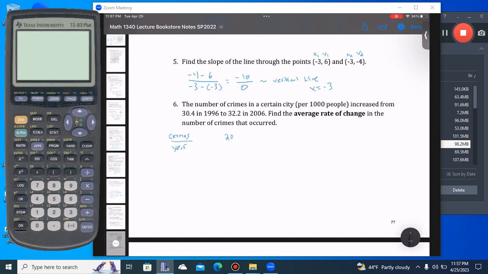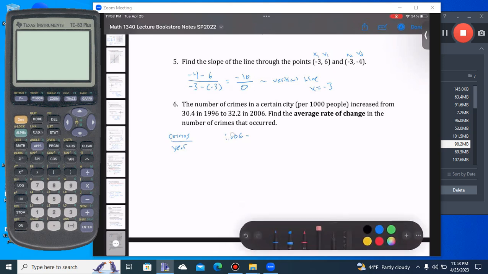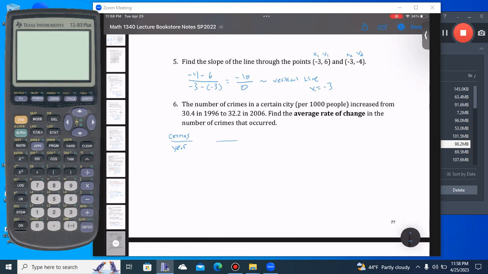Here it's always best to do it in such a way that your time ends up positive because it just makes more sense. 2006 minus 1996, and 32.2 minus 30.4. We end up with 1.8 over 10, which is 0.18 per year.